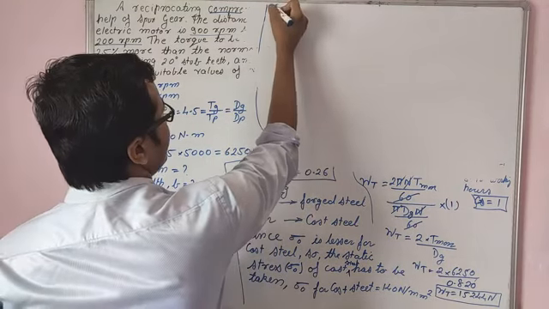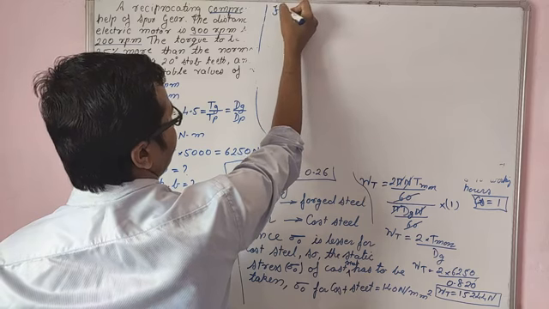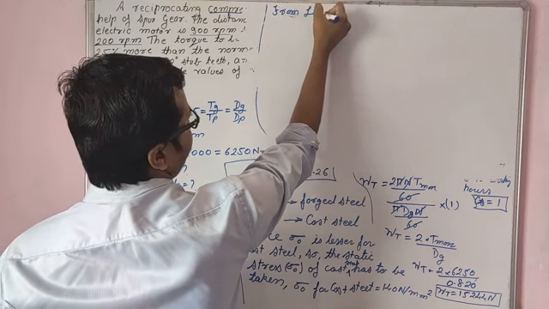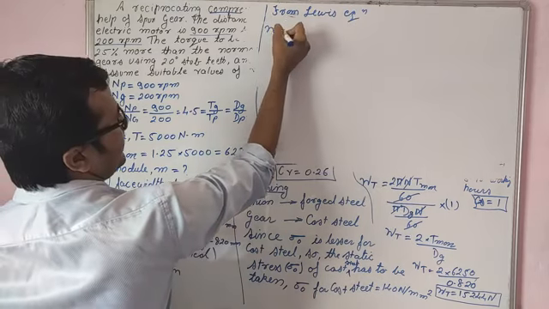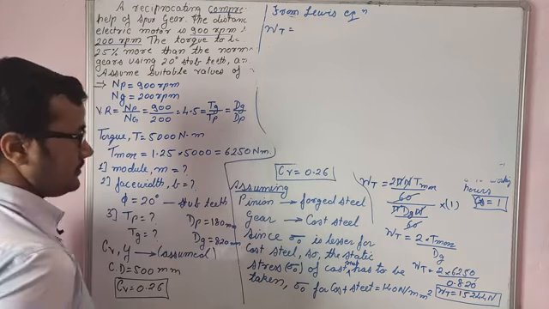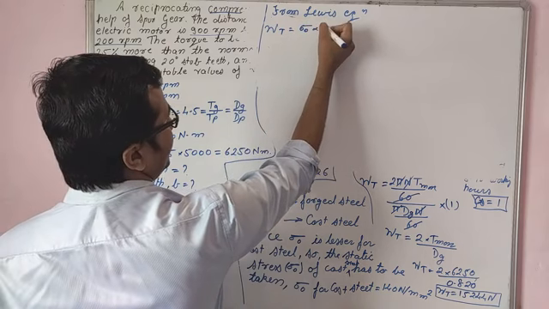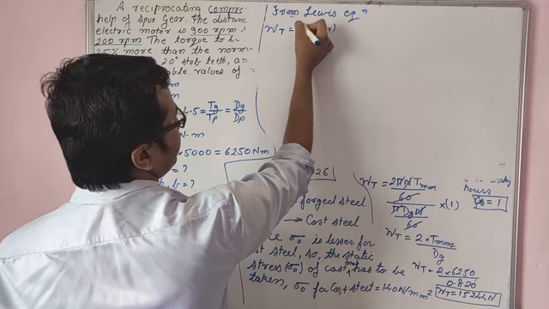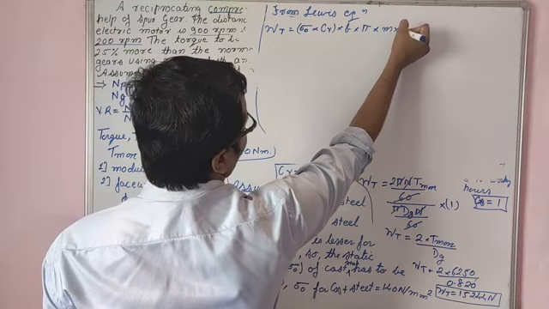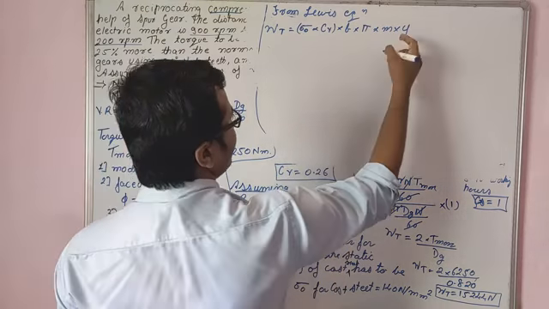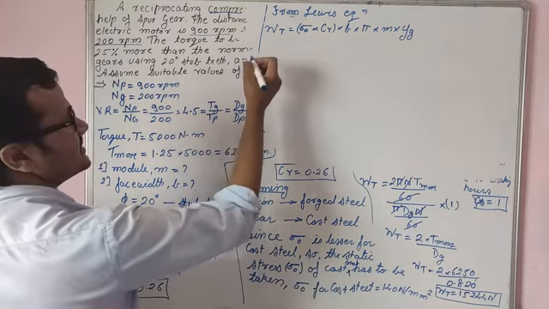We know that the Lewis equation states that Wt is equal to static stress sigma 0 into Cv into B into pi into m into y, where y is the Lewis tooth form factor of the gear, that is yg.